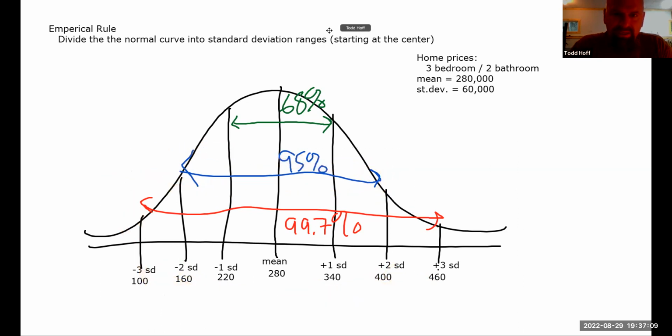I would expect 68% of them to be between $220,000 and $340,000, and so on. So this kind of gives us an idea of where we expect what percent of the data we expect to be between certain values. Now, this only applies if the data is normally or approximately normally distributed. So what if the data isn't normally distributed?